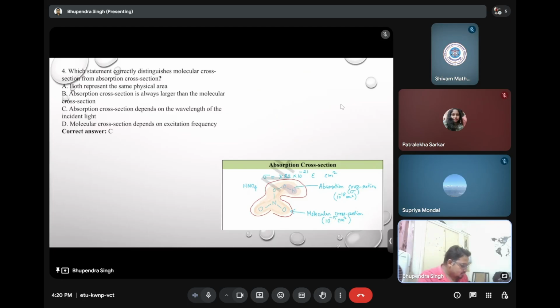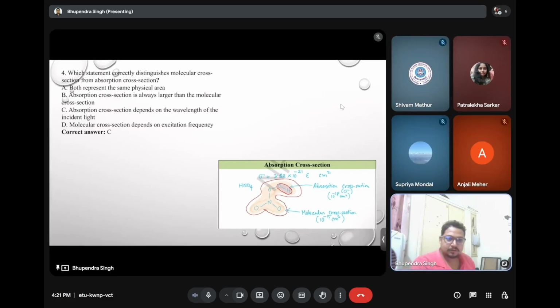Only this part is absorbing, because you are giving the particular wavelength which the OH bond can absorb. So that is why this is the absorption cross section. Of course, it will be smaller than the molecular cross section.